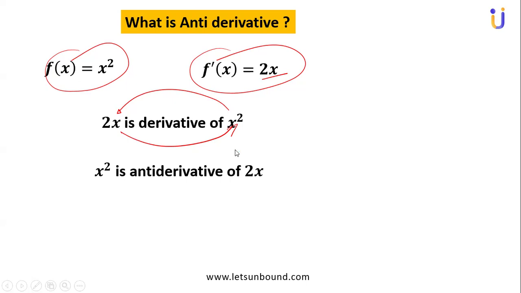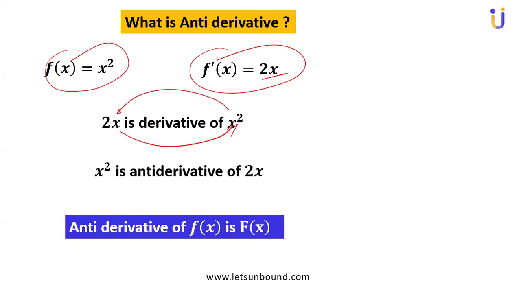In the same way, antiderivative of f of x, usually we will denote it by capital F of x. It might be confusing, but if you practice and are more keen and focused when you're solving, even a little change between the capital F and small f, you will get confused, right?